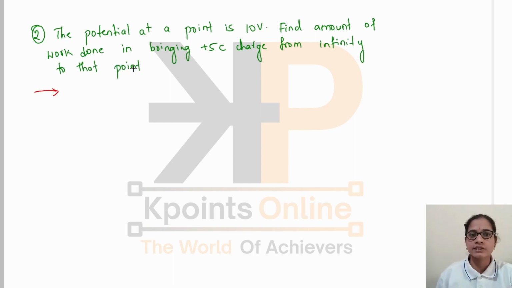That is what they have asked here. The potential at a point is 10 volt. Find the amount of work done in bringing 5 coulomb of charge from infinity to that point.